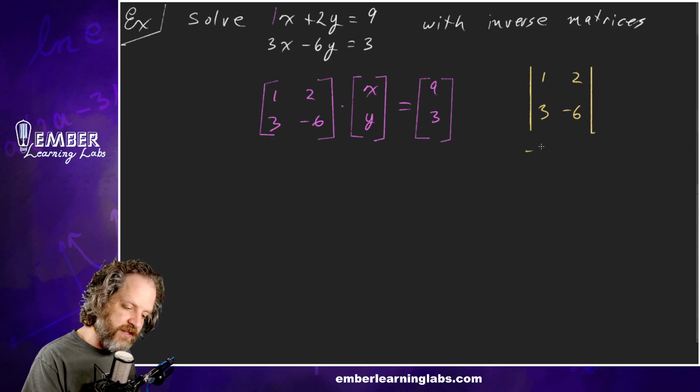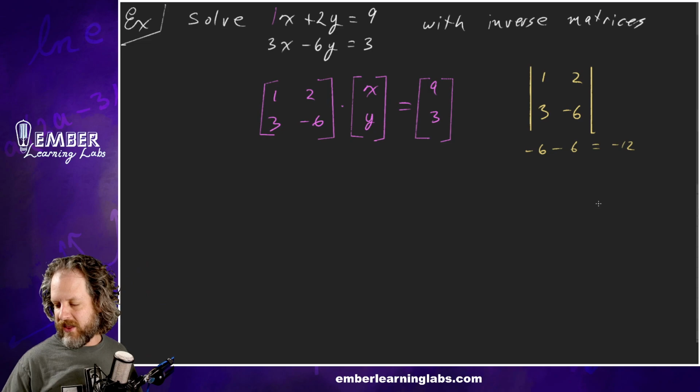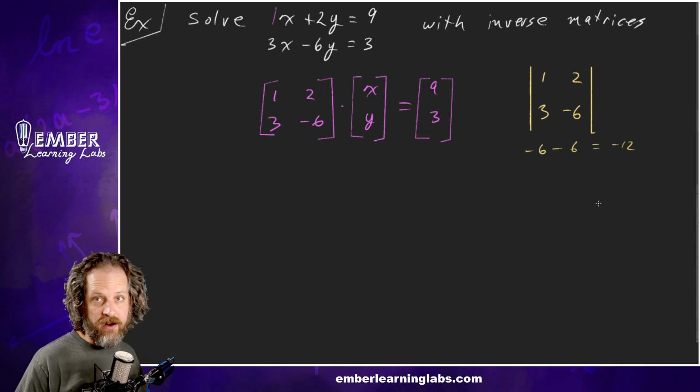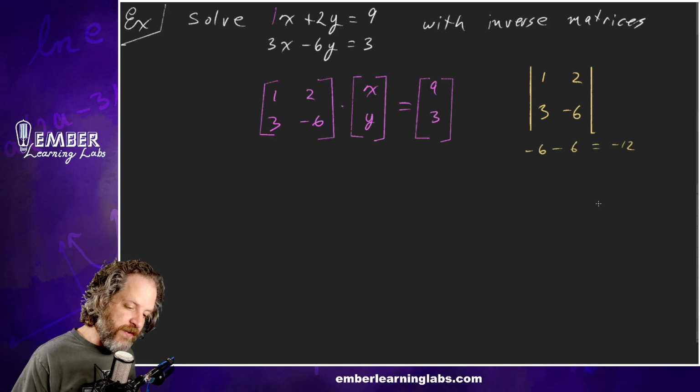1 times -6 is -6, minus 3 times 2 is 6. So -6 minus 6 is -12, right? Looking good so far. That's the determinant.